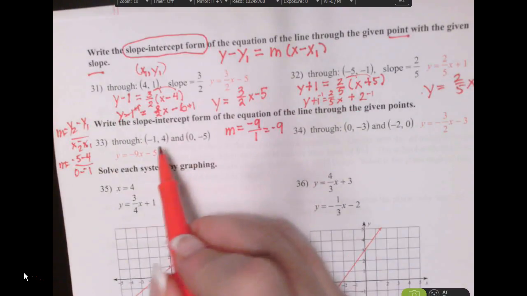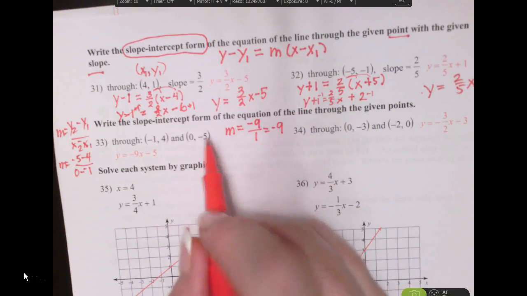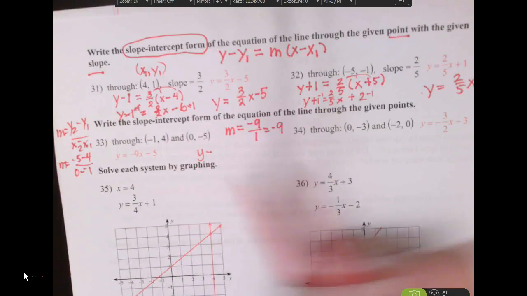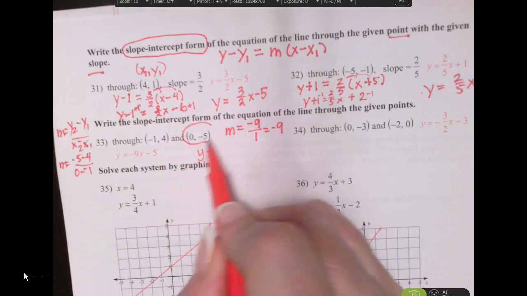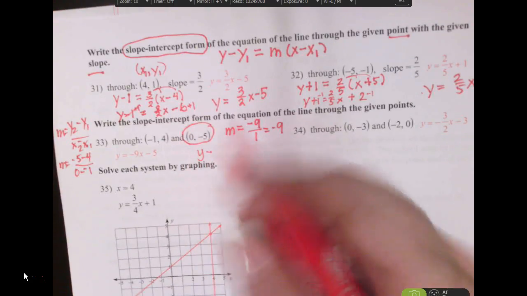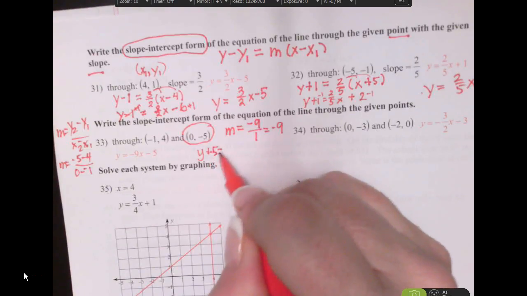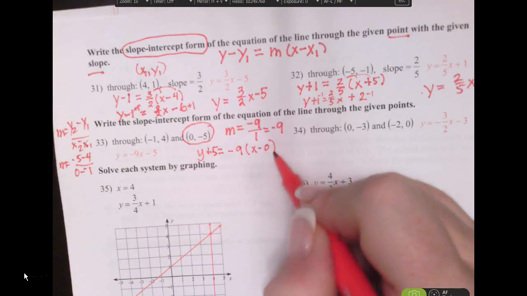I have a point. So let's go and plug it into point-slope. y minus, so which one of these points is going to be y1? Well, the truth is it doesn't matter. So I'm going to pick this one. y minus minus 5 equals slope times x minus 0.